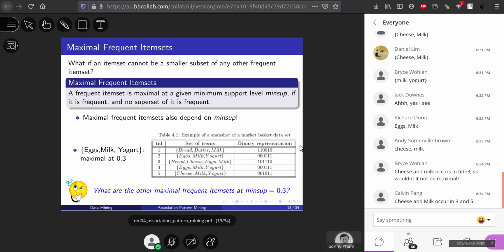That's my point. Cheese and milk is okay because at least you have cheese, which is not part of eggs and milk and yogurt. So they're okay. Cheese and milk looks fine, 2 out of 5. So cheese and milk is maximal.